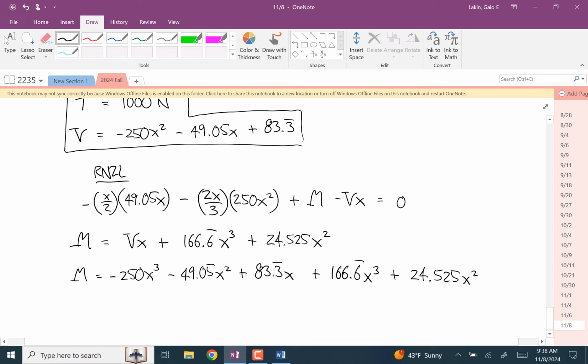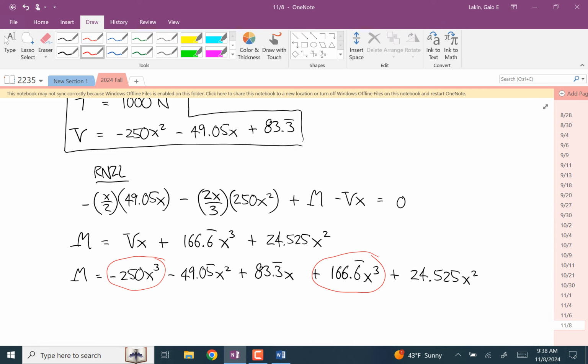And now just combine terms. Here are our x cubes. Here are our x squares.